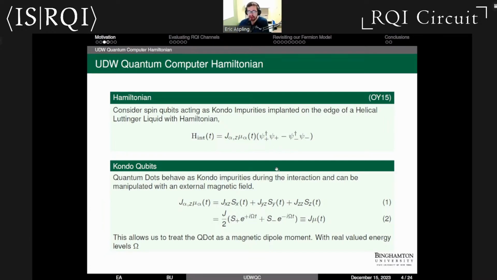These Kondo qubits take the nice form that when you apply some sort of external magnetic field to the system, it really shows up as a two-level spin system, where we have a true Unruh-DeWitt detector with two levels, different energy scales, with a coupling. And we'll talk a little bit at the end about some realities with this coupling. But for now, let's stick with the idealized model.